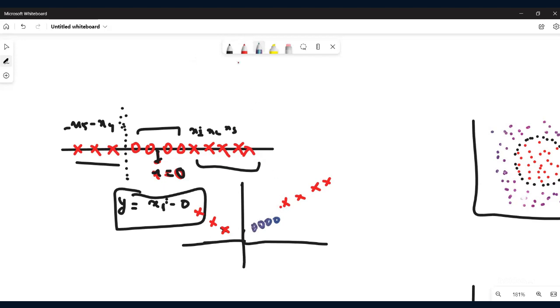Now in this case, there is a possibility to draw a plane like this. But there can be multiple planes which can exist that can segregate this data. This is called SVM kernel.